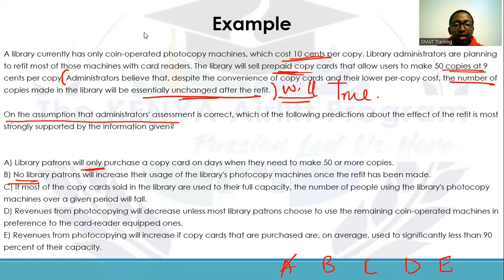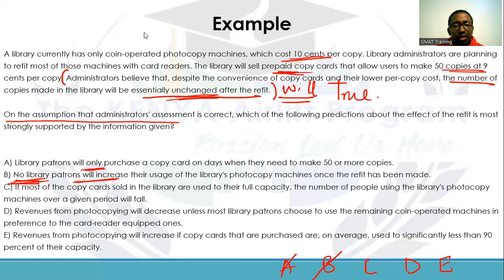The answer is no. Why? Because even if some patrons increase, by these statements, it means probably some of them will decrease their usage. So that means it's not necessarily true that no library patrons will increase their usage. So B is out.